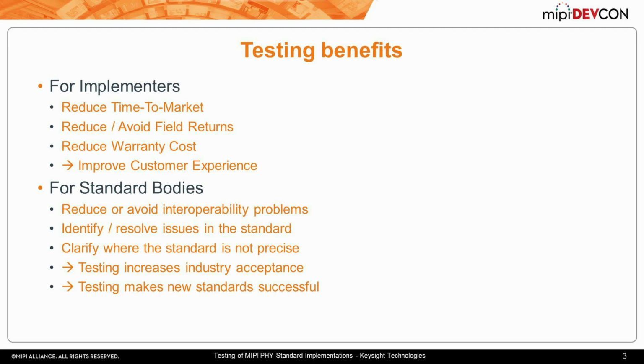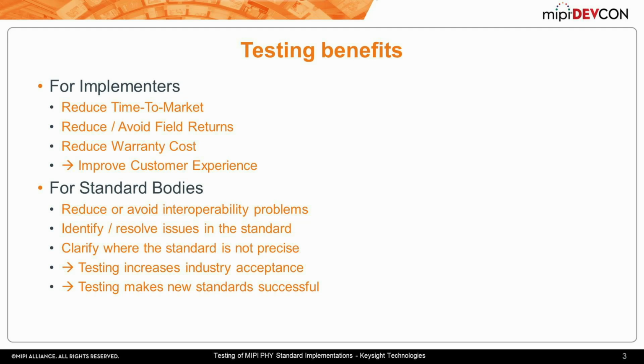Hopefully there's a lot of testing going on in the pre- and post-simulation environment as well, but when the rubber meets the road, you've got a physical device, and you need to verify that it actually performs as all of your design tools said that it would. So you really need to do real physical layer testing, and you want to do that as early on as possible so that you can provide that feedback into the design process.